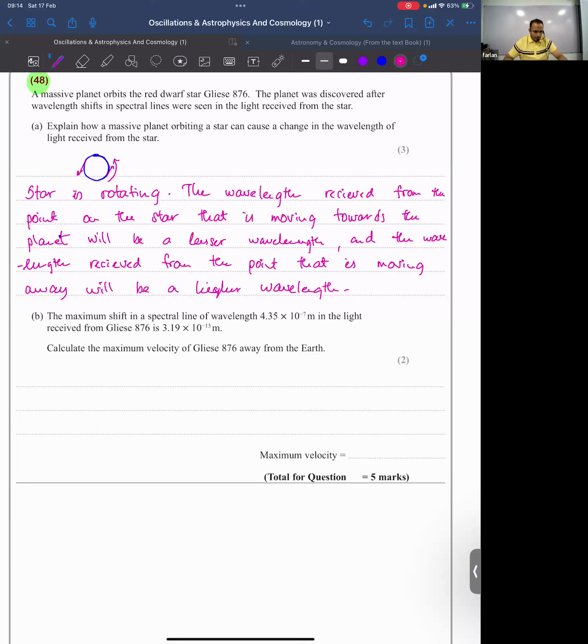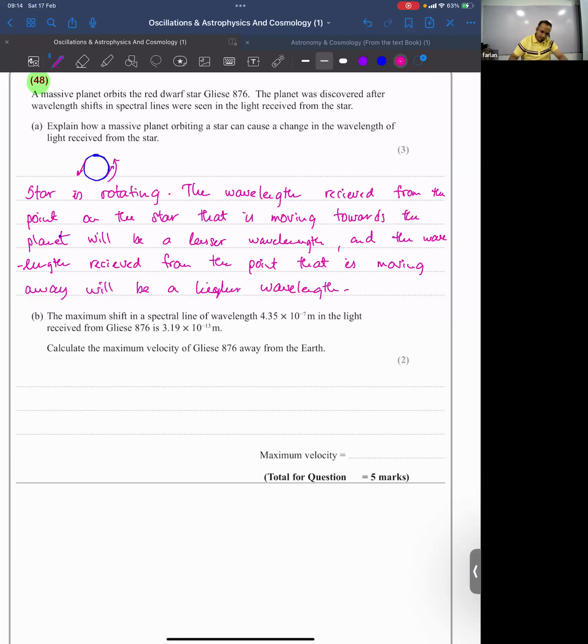Right. The maximum shift in a spectral line of a given wavelength is given. Maximum shift is given in the light received from this star. Calculate the maximum velocity of the star away from the Earth.